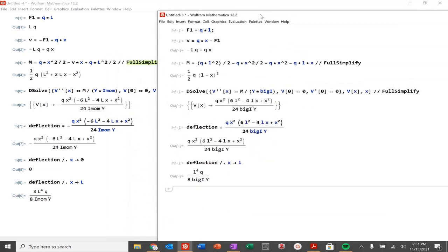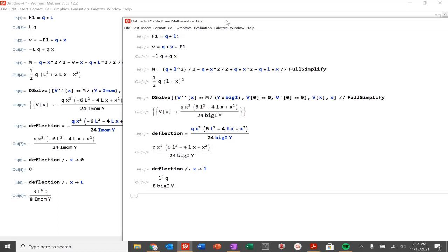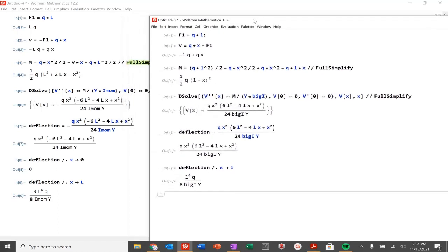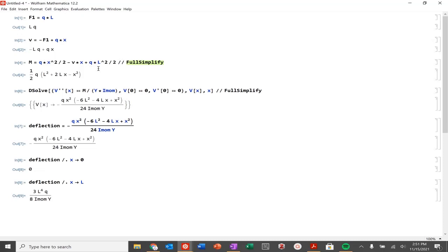So, when we look at our diagram, minus F1, F1 is Q times L, great, M is Q times L squared. Look at this here.